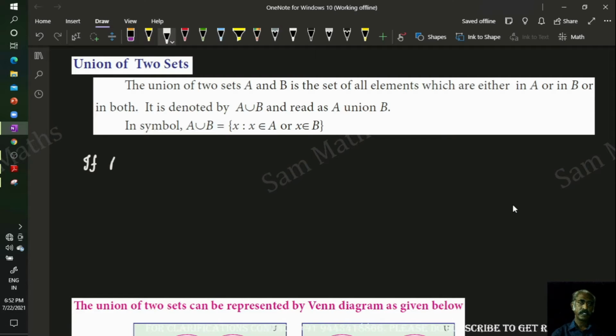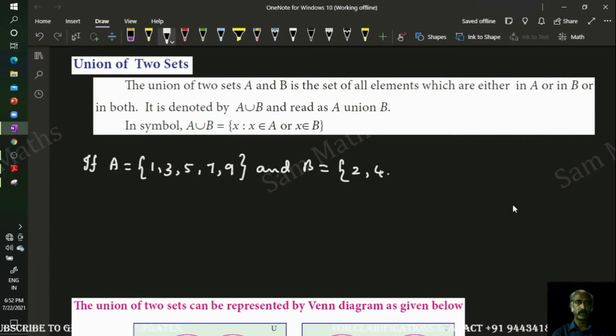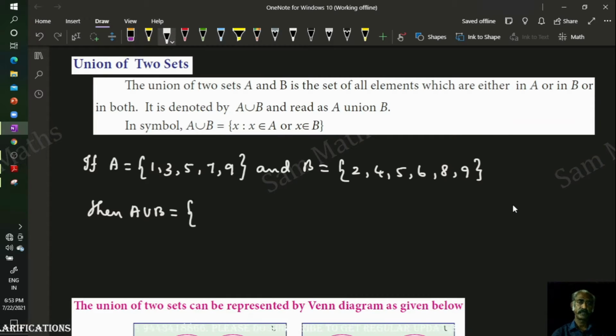If A is equal to {1, 3, 5, 7, 9} and B is equal to {2, 4, 5, 6, 8, 9}, then A union B is equal to, we have to take both the sets together, which may be from A or B. While taking the sets together, we are getting 1, then 2, then 3, 4, 5, 6, 7, 8, 9.